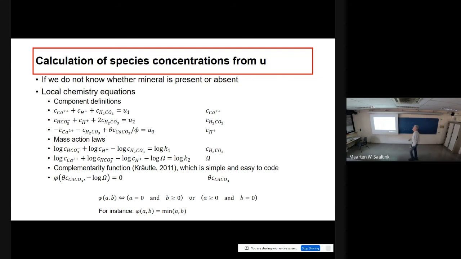Actually, I would say it's more beautiful mathematically, but it's also quite simple and easy to code. I don't have to do some sort of complicated switching between calculations when the mineral is present or when it's absent. I don't have to do that type of iteration.